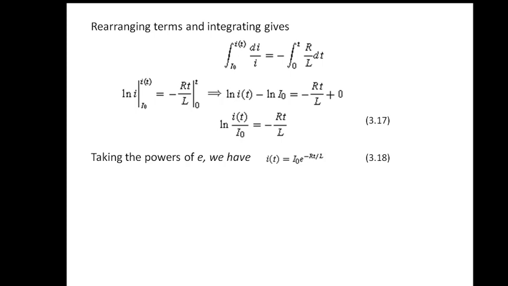If time approaches a high value, if you assume t equal to infinity, how much value will you get here? That is 0, right? E power minus infinity is 1 by e power infinity, and 1 by infinity is 0. So if time t approaches infinity, current reduces exponentially to 0.